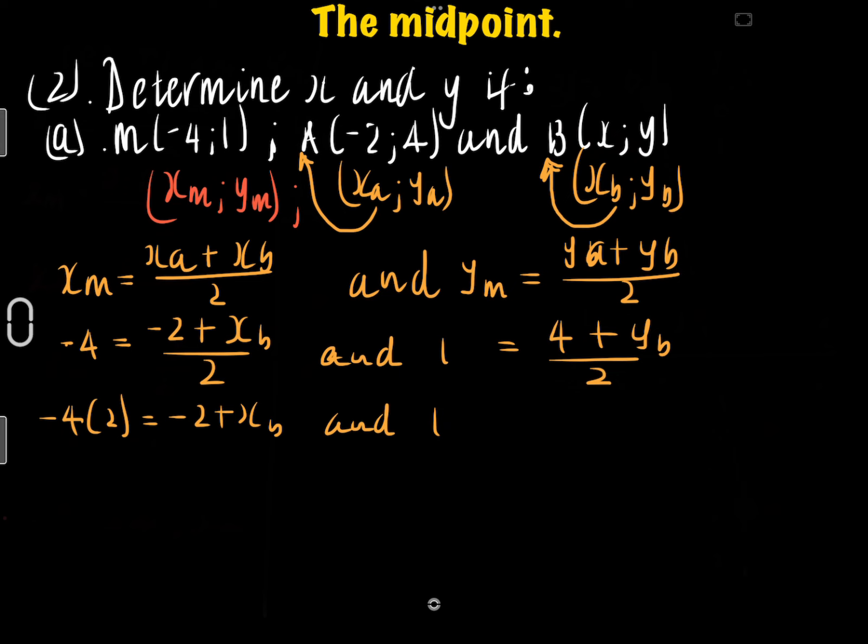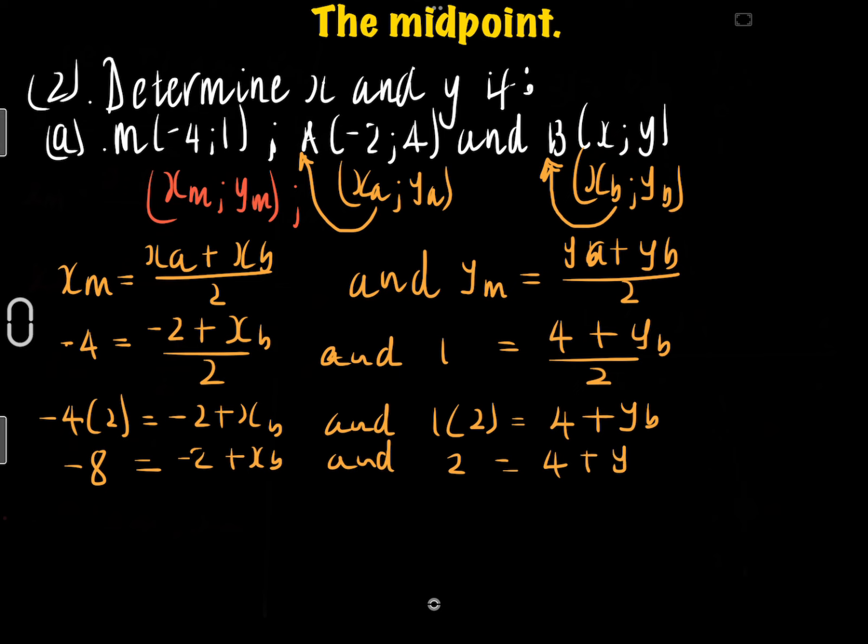So we have 1, the 2 is division. If it moves over the equal sign, it becomes a multiplication. Is equal to 4 plus yb. Okay, that's essentially what we have now. Now, -4 times 2 gives us -8 is equal to -2 plus xb. And, okay, 1 times 2 gives us 2 is equal to 4 plus yb.